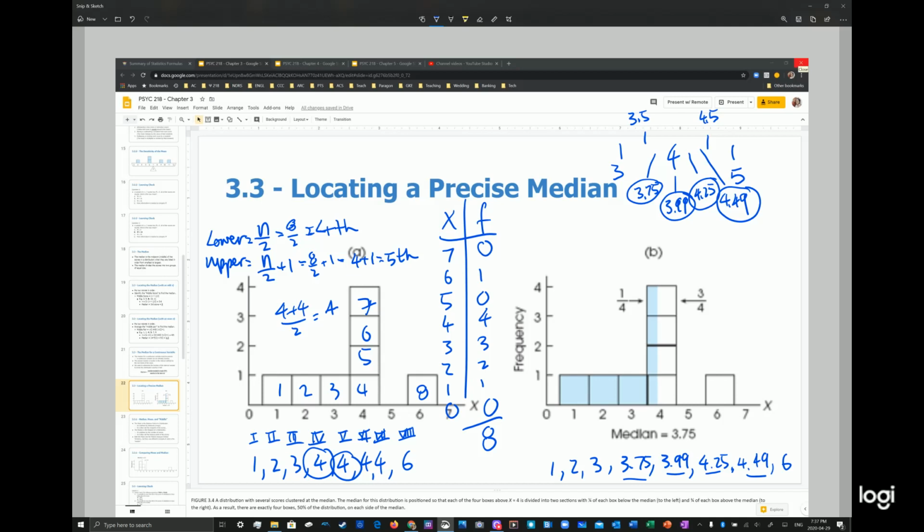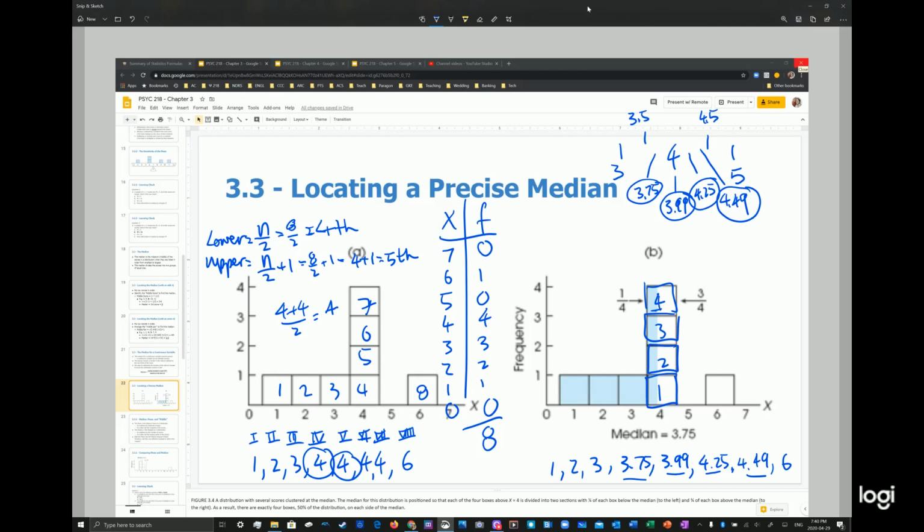Okay, so the number we need to hit 50% is n divided by 2, which is 8 divided by 2, which is 4. And so that's one thing. And then there are 4 people or 4 scores in this interval right here. We can count them: 1, 2, 3, 4.